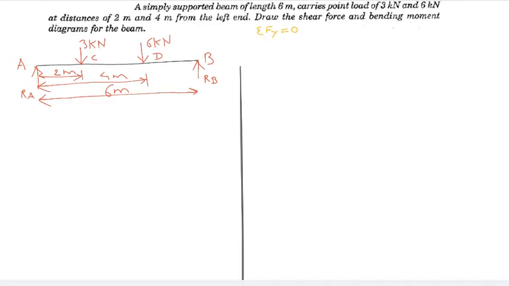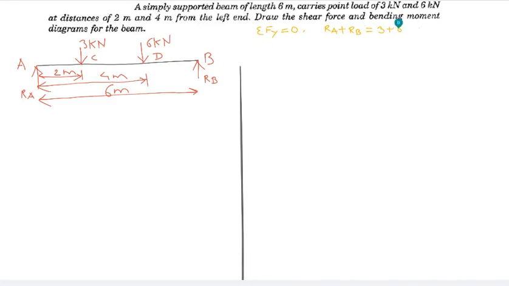The forces going in upward direction are Ra and Rb, so I'll write them on one side: Ra plus Rb is equal to summation of forces going in downward direction. In downward direction, this 3 kilonewton force is acting plus 6 kilonewton force is acting.